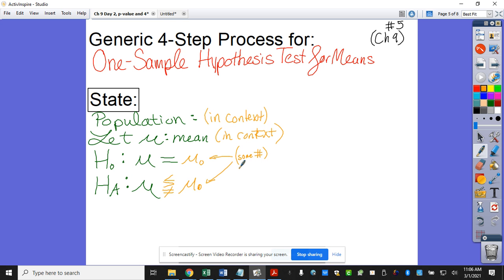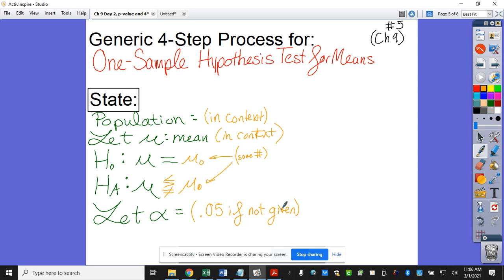And so our other thing is alpha, which we have not even talked about yet. Alpha, most people end up drawing like a fish. We're going to use 0.05 if one is not given. I talked about this on Friday a little bit: how do we determine what is small enough, or how far it needs to be?